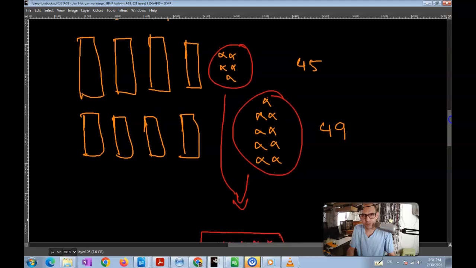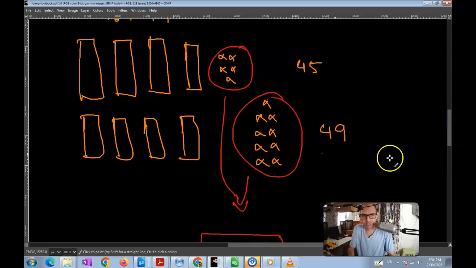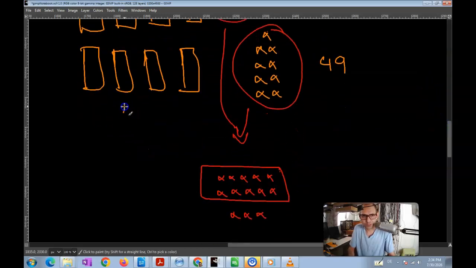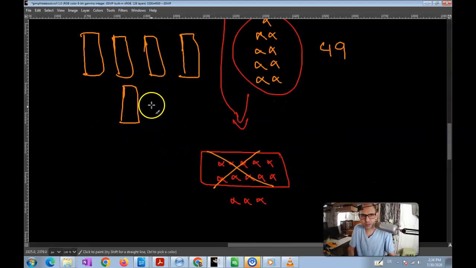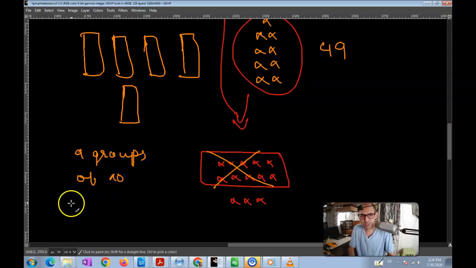And so basically then I have 4 groups of 10, and again 4 groups of 10. I bring this group of 10 over here and get rid of this. So now in total I have 9 groups of 10 and 3 groups of 1.